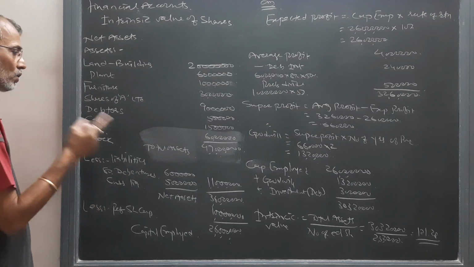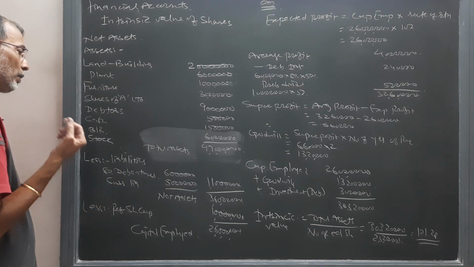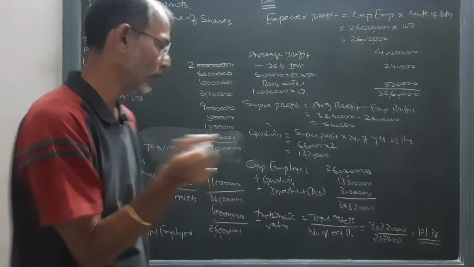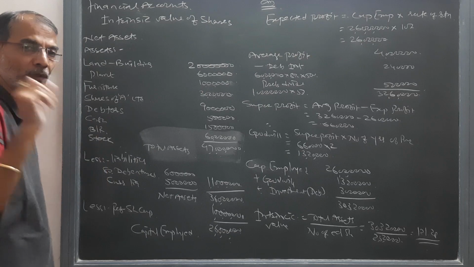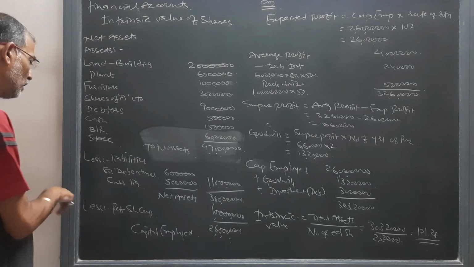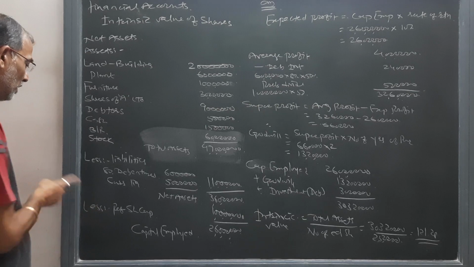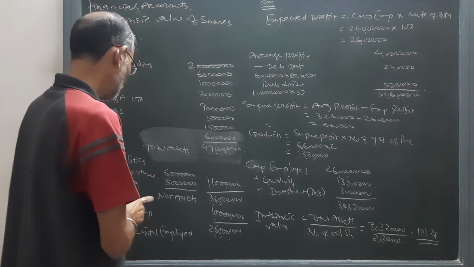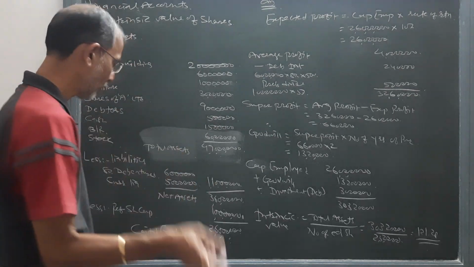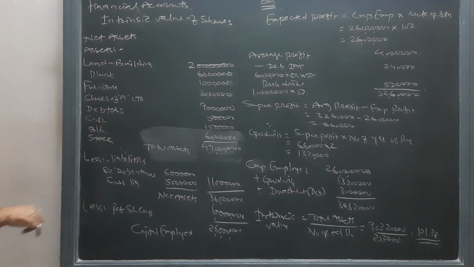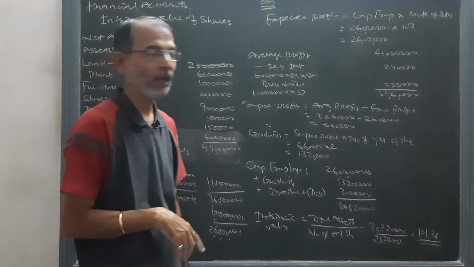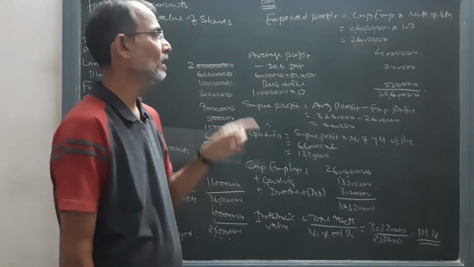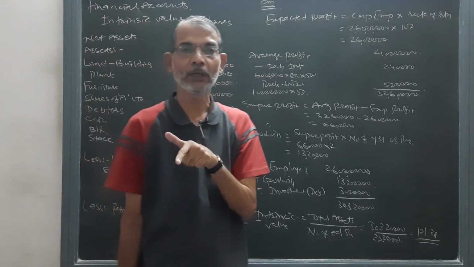Then debtors, cash and bills receivable, and stock, which by mistake I had left out. So total assets 4 crore 70 lakh. From that liabilities in the form of debentures and current liabilities will be subtracted, total 1 crore 10 lakh. That gave us net assets. From that preference share capital will be subtracted, which will give us capital employed. And if we multiply capital employed with the expected rate of return, that will give us expected profit.